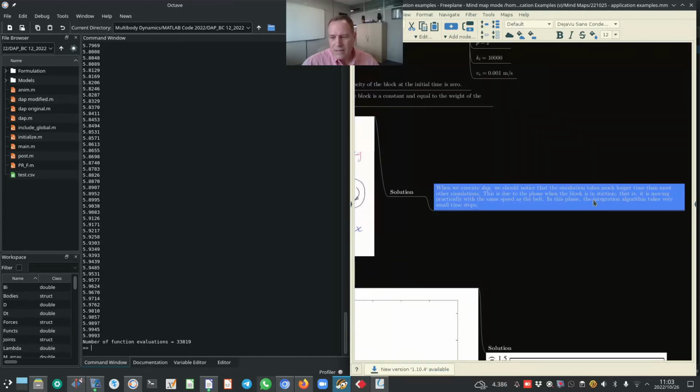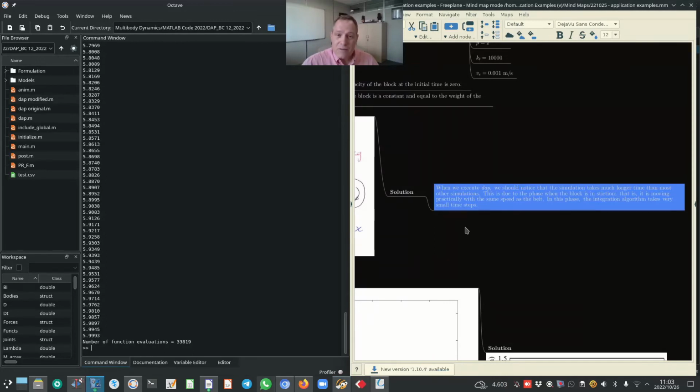That is, it is moving practically with the same speed as the belt. In this phase, the integration algorithm takes very small time steps, and it is the time steps that the integration algorithm takes that determines the length that the simulation is run.